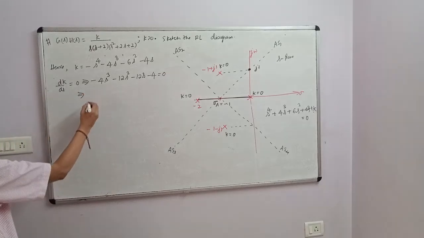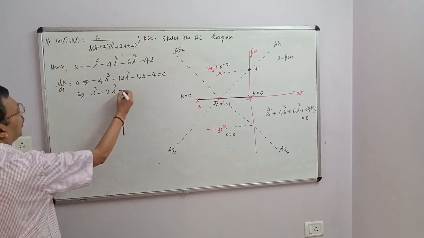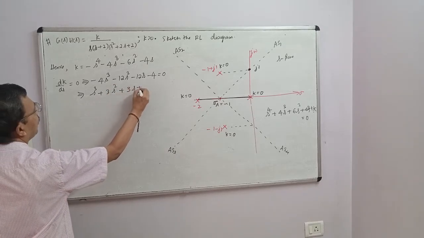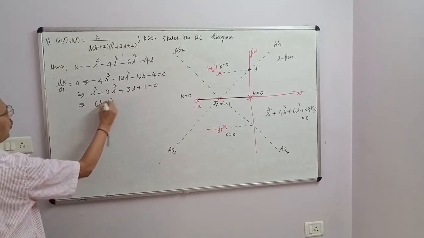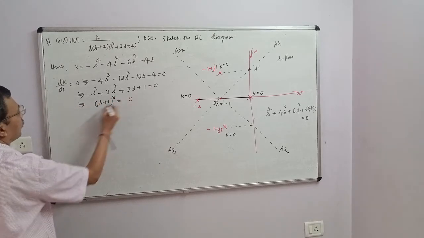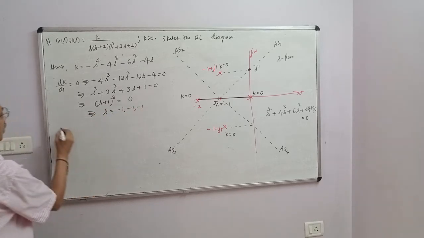Divide through by minus 4, you get s cube plus 3s square plus 3s plus 1 equal to 0. This is nothing but (s plus 1) whole cube equal to 0. This implies s is equal to minus 1, minus 1, minus 1.